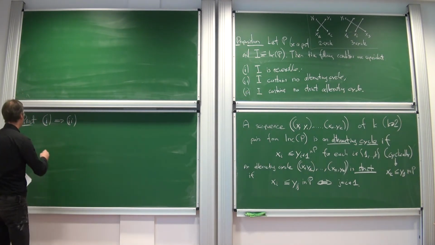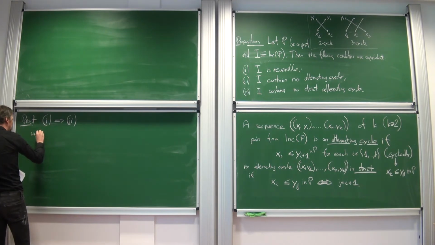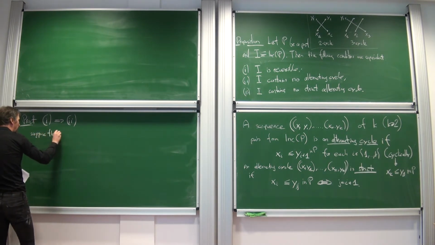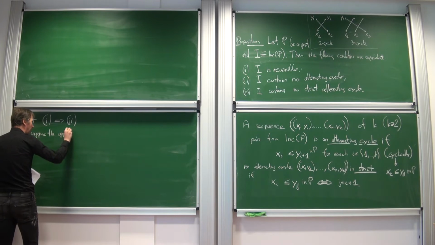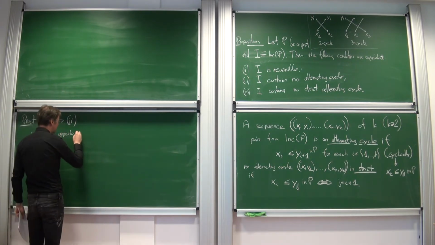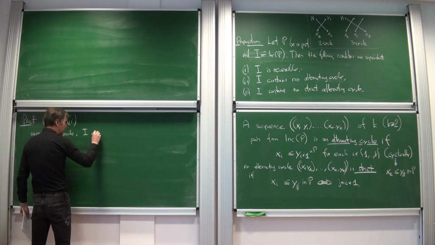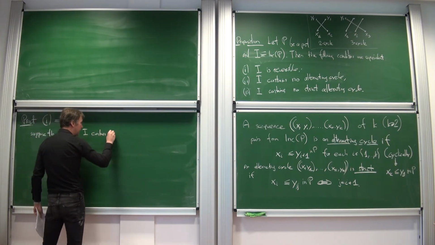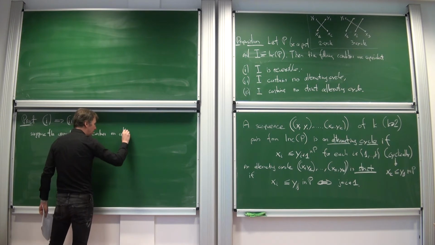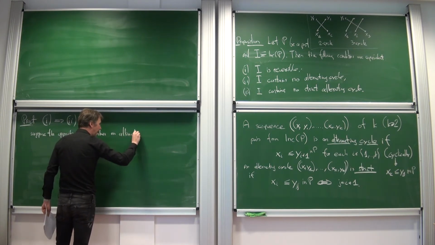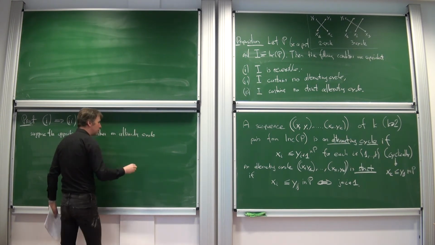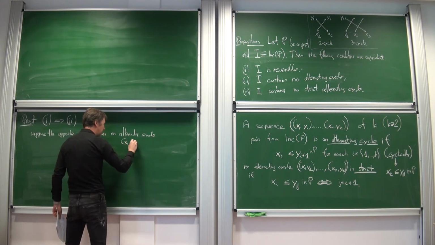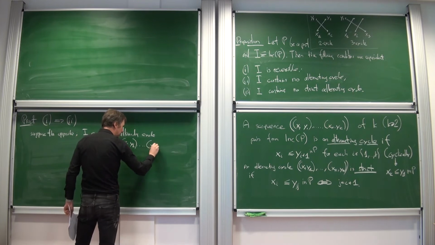Suppose that I contains an alternating cycle. And let it be x_1, y_1 up to some x_k, y_k.